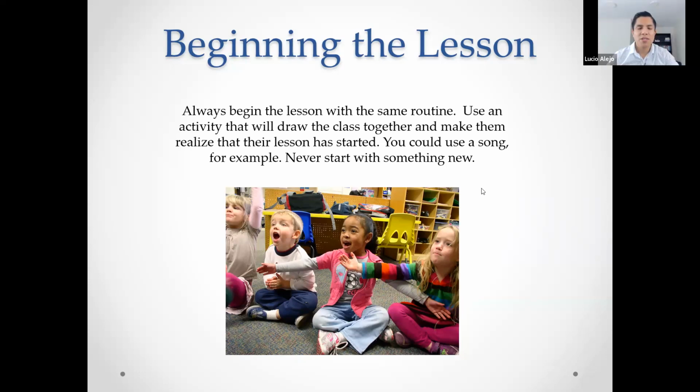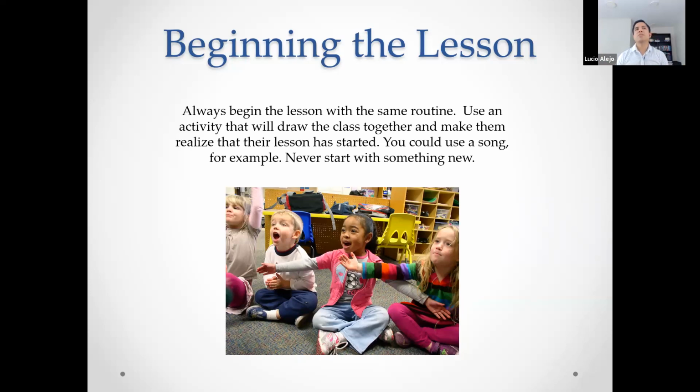Right. So when you're starting your lesson, it's a good idea to start usually with the same routine, right? Use an activity that will draw the class together and make them realize that the lesson has started.